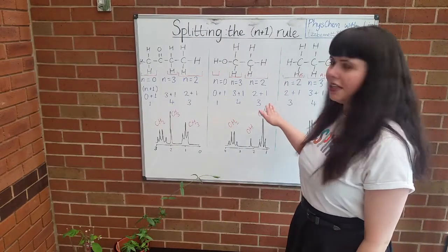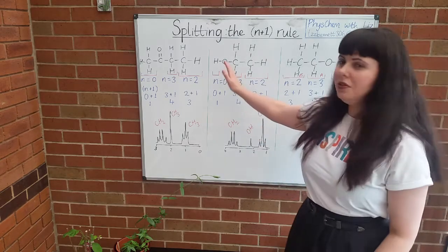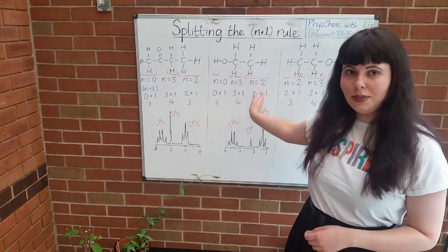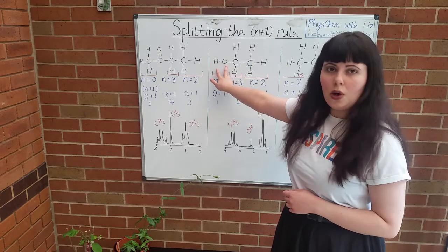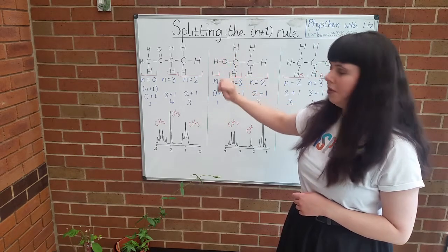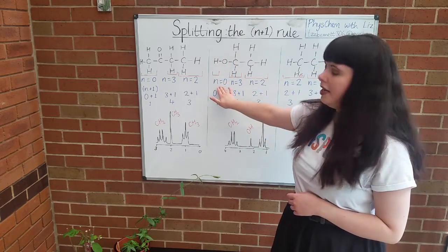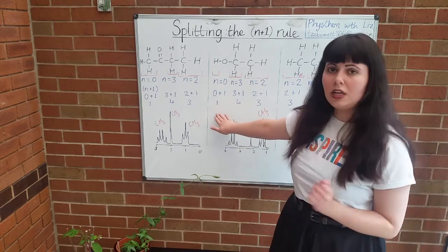In this second example, we have a molecule of ethanol. You can see the 3 different proton environments in this molecule. So here we've got the OH proton, which is next to 0 neighbouring protons. So n equals 0, applying the n+1 rule, 0 plus 1 gives 1.